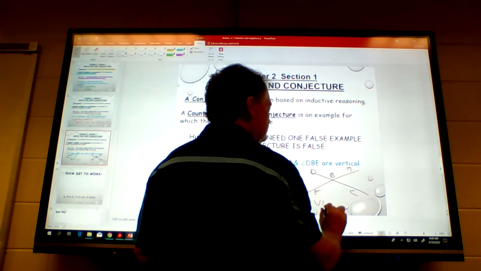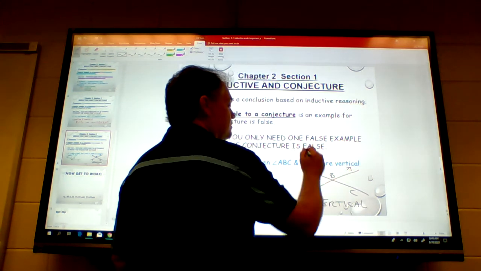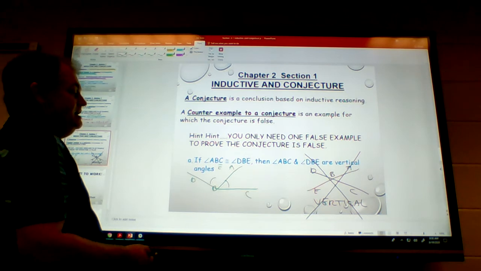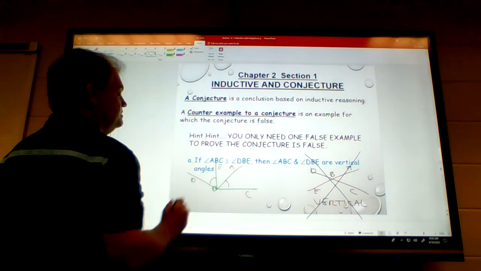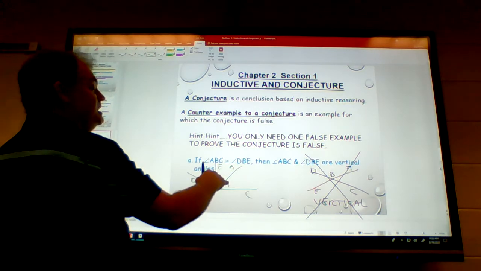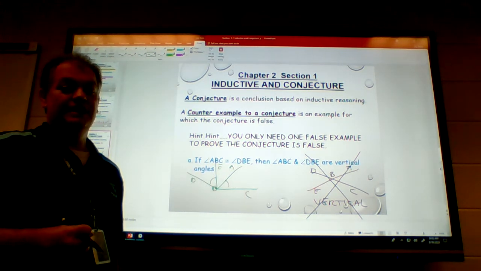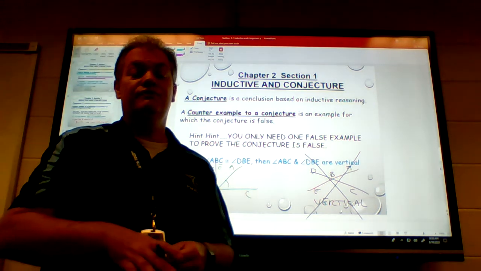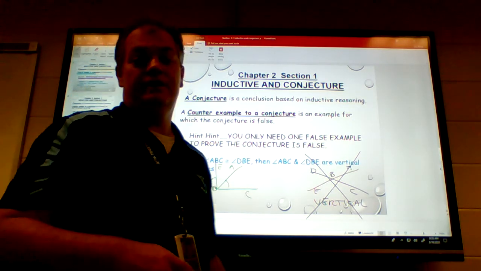This is vertical. This right here is vertical. We don't need that. So I'm crossing it off. This, on the other hand, is, for some reason I got deleted, so I'm just going to draw it there. There we go. Okay. See, these two angles are congruent, but they're not vertical. That's all I need. Sometimes you have to draw it in order for that to work.